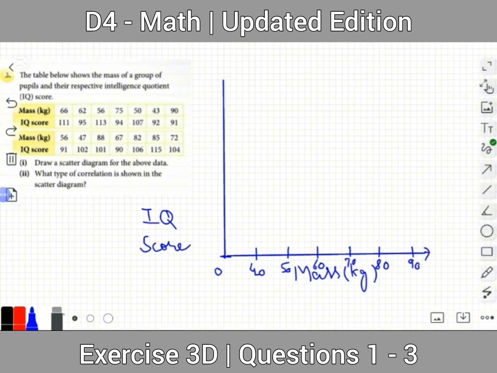Along the y-axis we have 90, 100, 110 and 120.